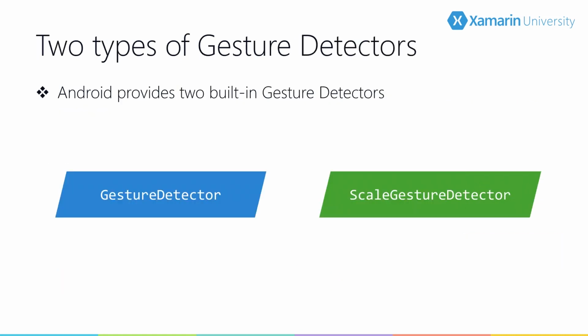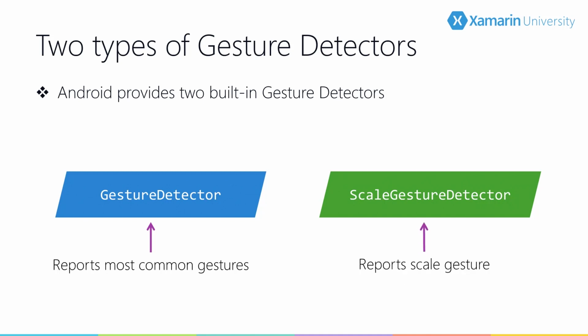Android includes 2 default gesture recognizers. The GestureDetector is used to recognize the most standard gestures, things like tap, double tap, swipe, and flick. There's also a second gesture detector called the ScaleGestureDetector that's used exclusively for scale gestures, also commonly known as pinch and zoom.